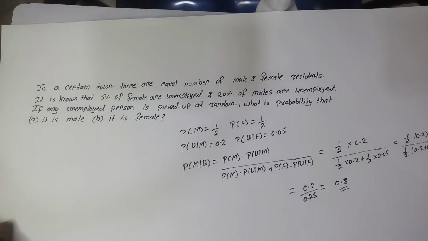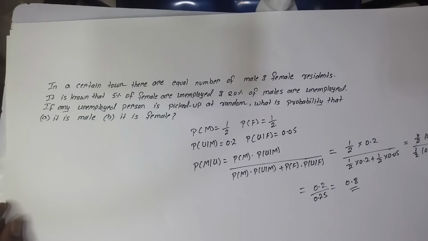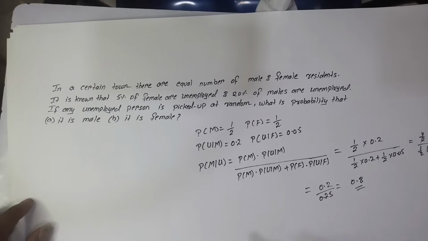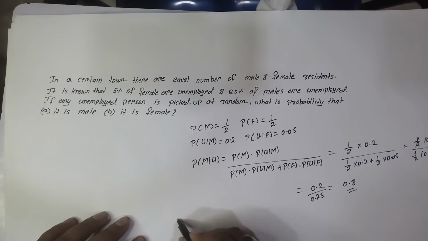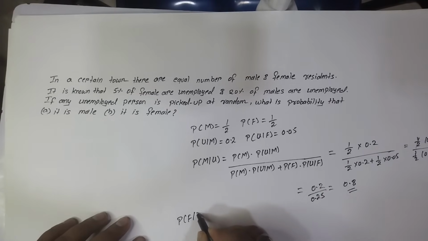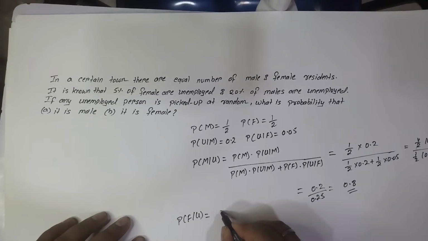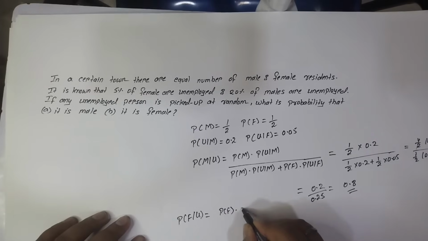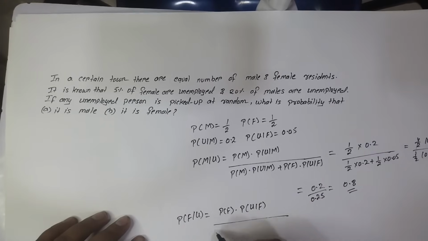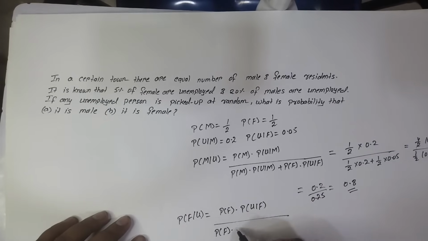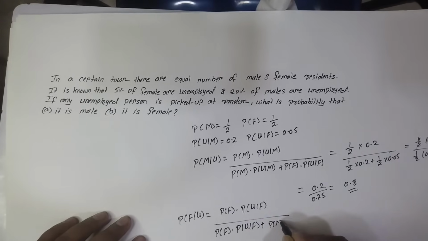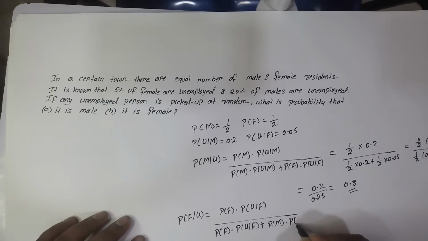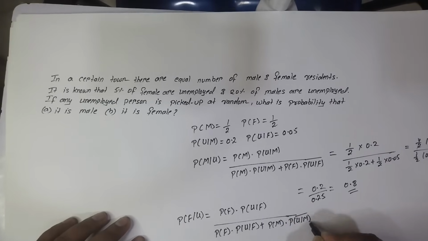Now, the question also asked what is the probability that it is a female. So, probability of female given unemployed is probability of female multiplied by probability of unemployment given a female, divided by probability of female times probability of unemployment given female plus probability of male into probability of unemployed given male.